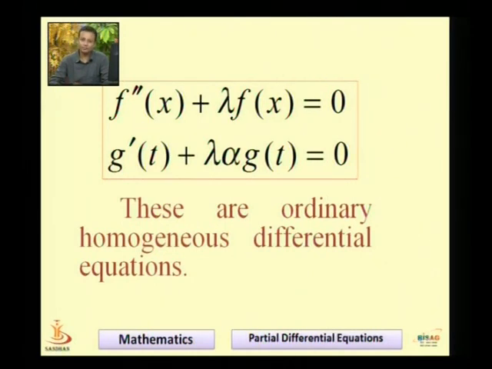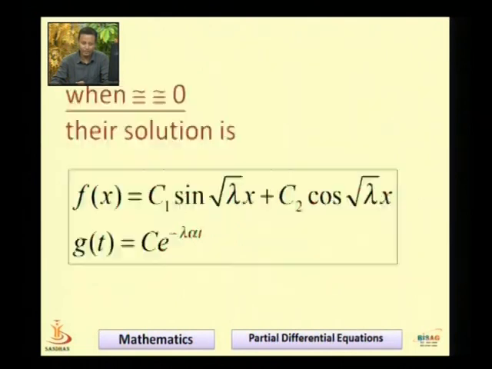Similarly for the second ordinary differential equation, if we consider capital D equal to d by dt, the auxiliary equation will be d plus lambda alpha equal to 0, that is d equal to minus alpha lambda, a single root.